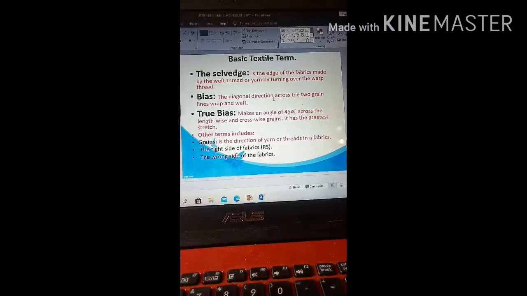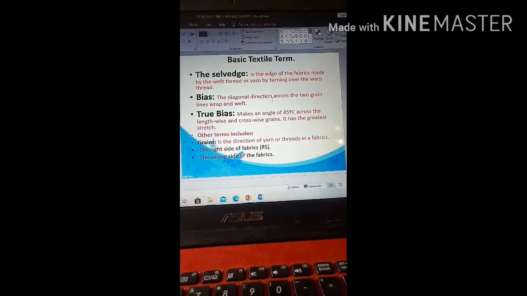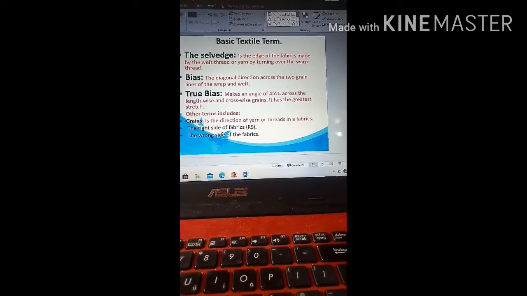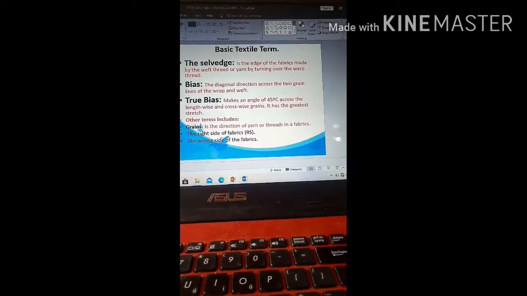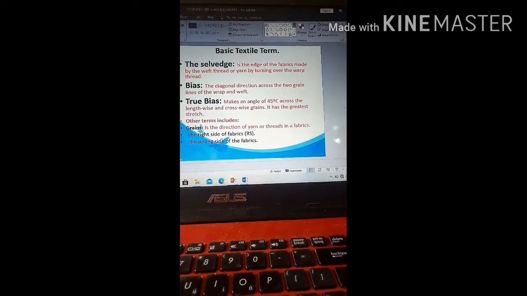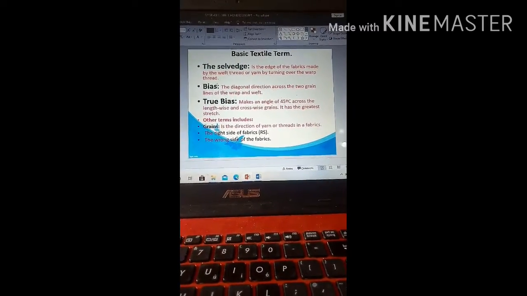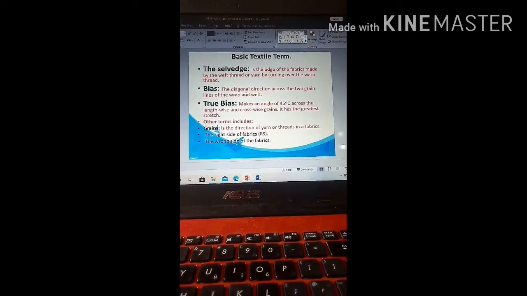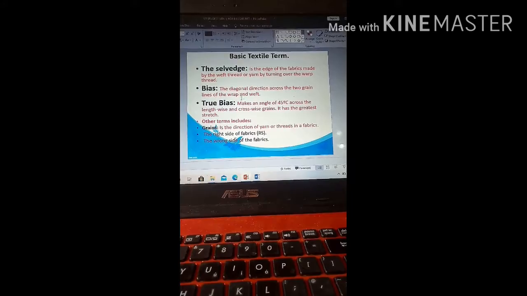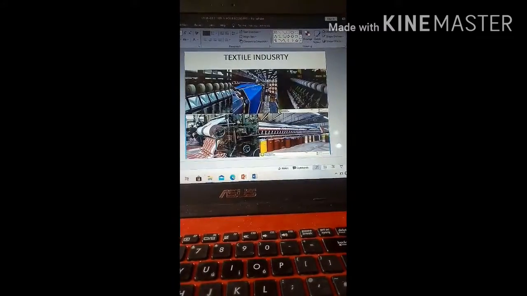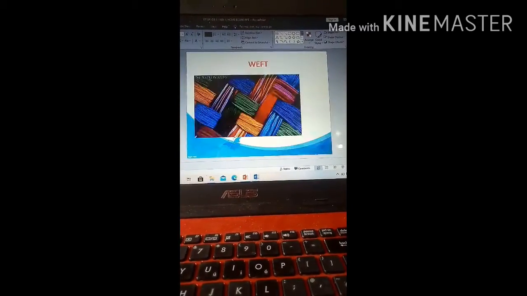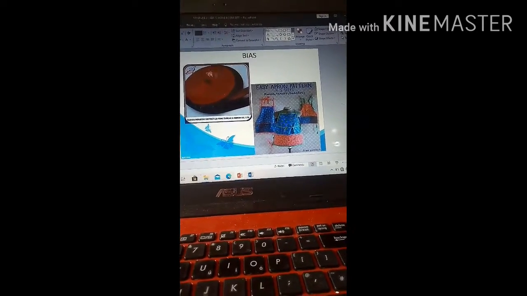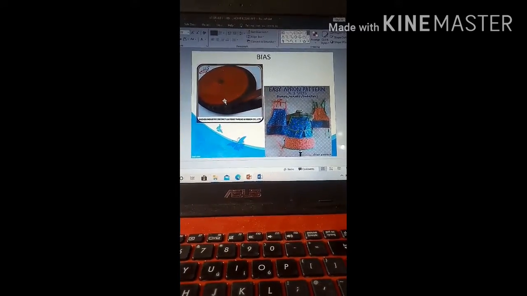Diagonal direction across the two grain lines, the warp and the weft. So let's check the diagram of bias. This is bias in simple terms.